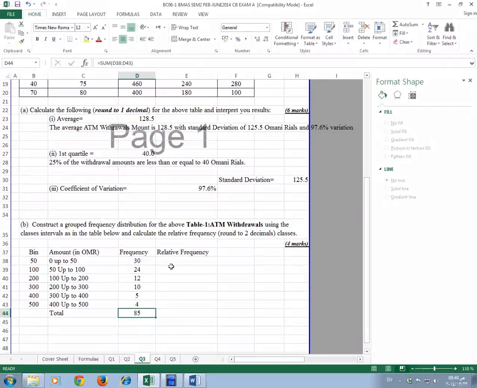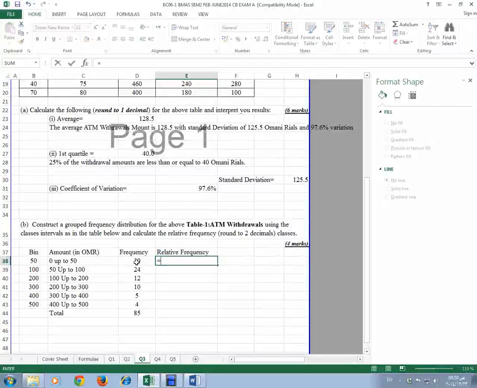We are going to calculate the relative frequency here. Relative frequency is to divide the frequency by the total. So in order to do this, I will write equal, then this is frequency, divide by the total. But because these are changing, and the total is not changing, it will be the same, we are repeating it.